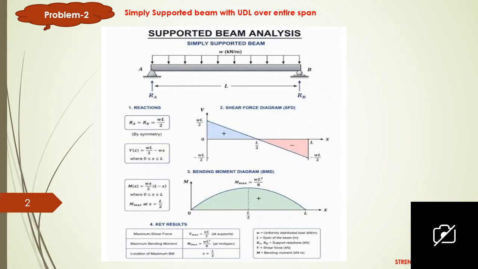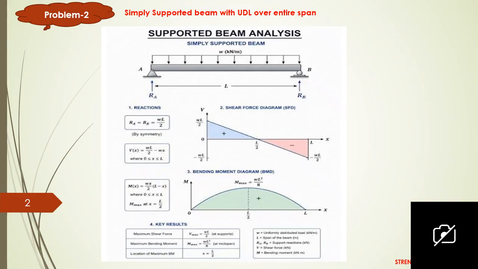You can see the bending moment diagram. Bending moment value is maximum at center, that is L by 2, WL square by 8. That means, if the shear force value is 0 at the particular point, the bending moment will be maximum at that point. This is the relationship between shear force and bending moment. If the shear force is 0, bending moment will be maximum.